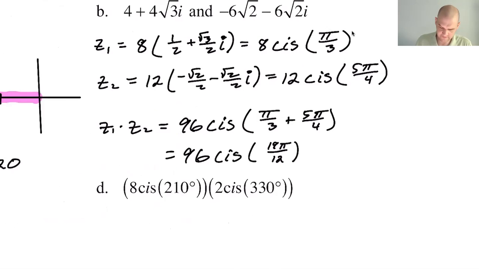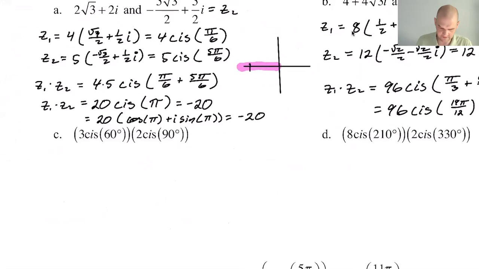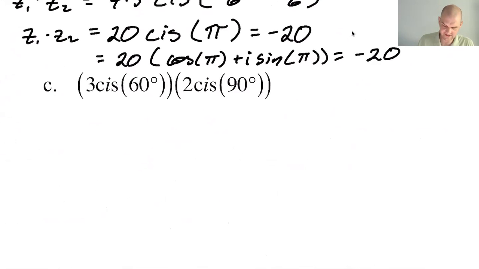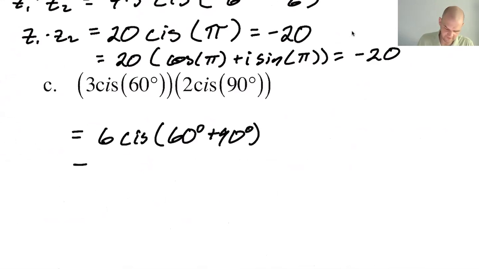Okay, so let's keep going. So here we go, 3 cis 60. This is already perfect, so this will just be 6, which is 3 times 2, cis 60 plus 90, which is 150. And 150 is 5 pi over 6.